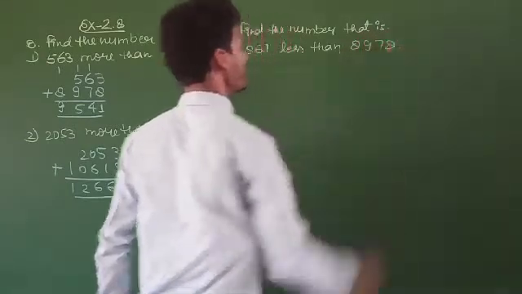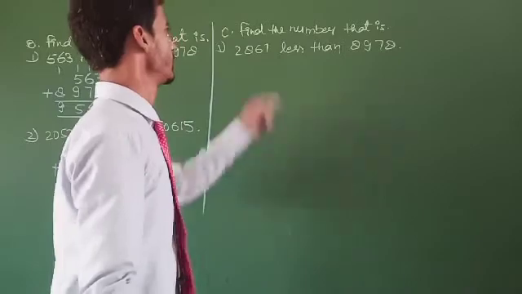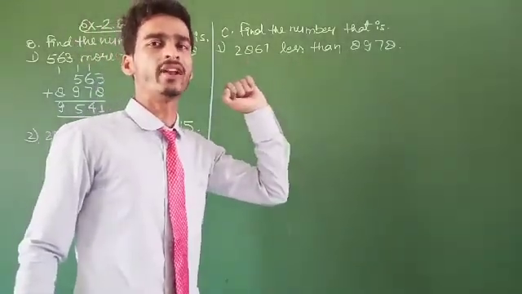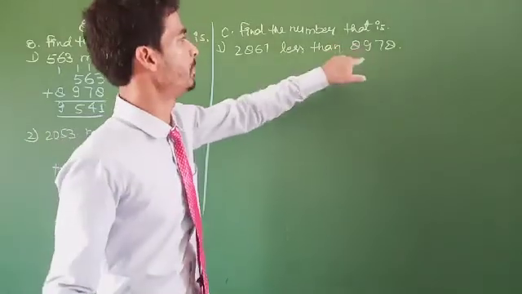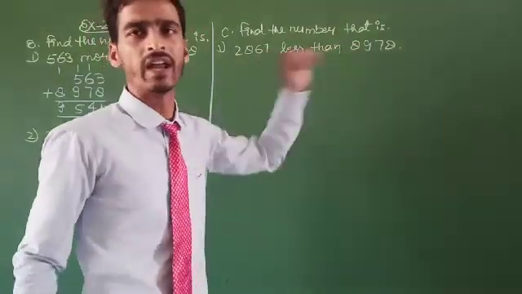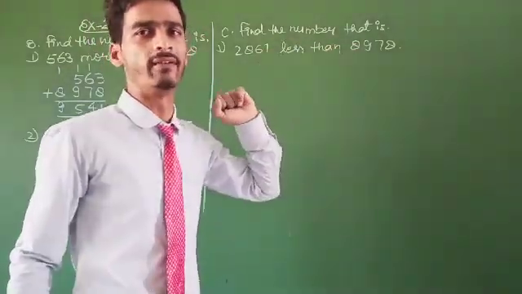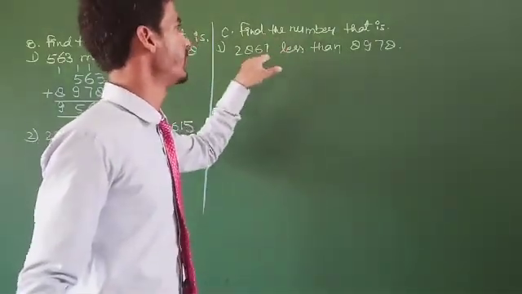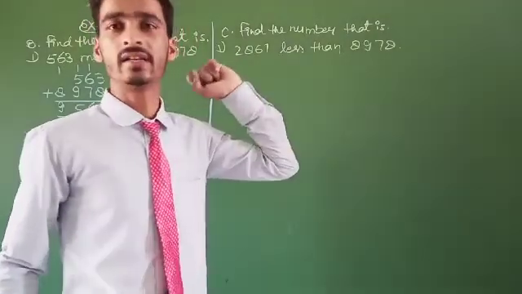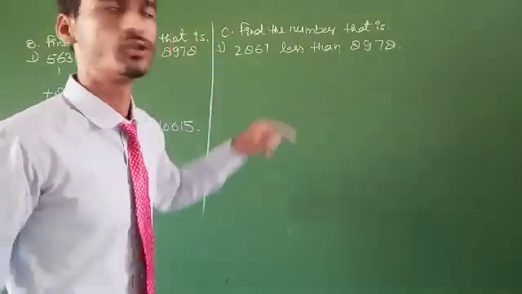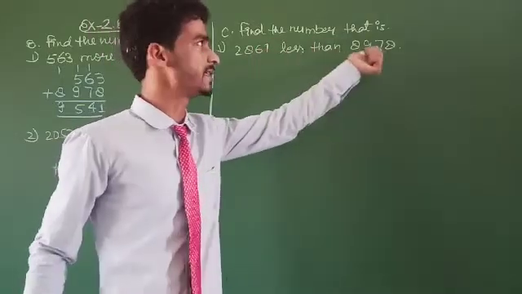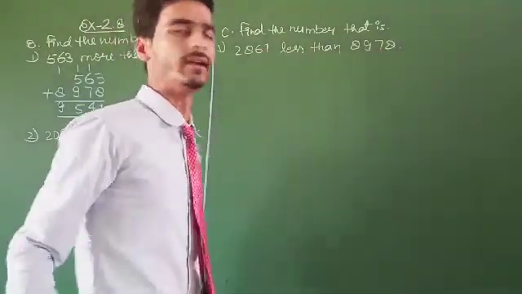Let's take an example. Find a number that is 3 less than 10. So we have to subtract 3 from 10, that is 7. So we can say that 7 is the number that is 3 less than 10. So here we have to subtract 2867 from 8978.